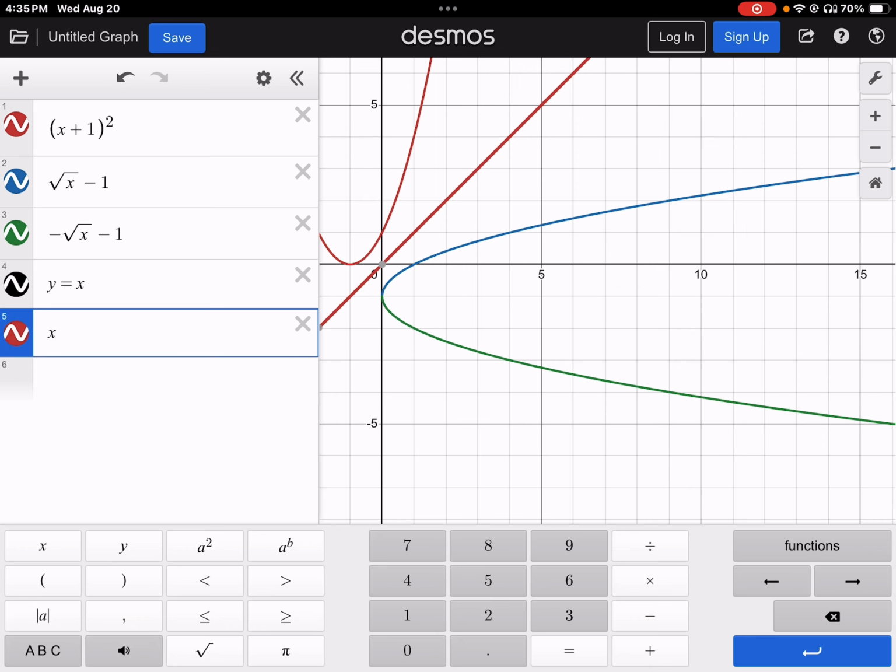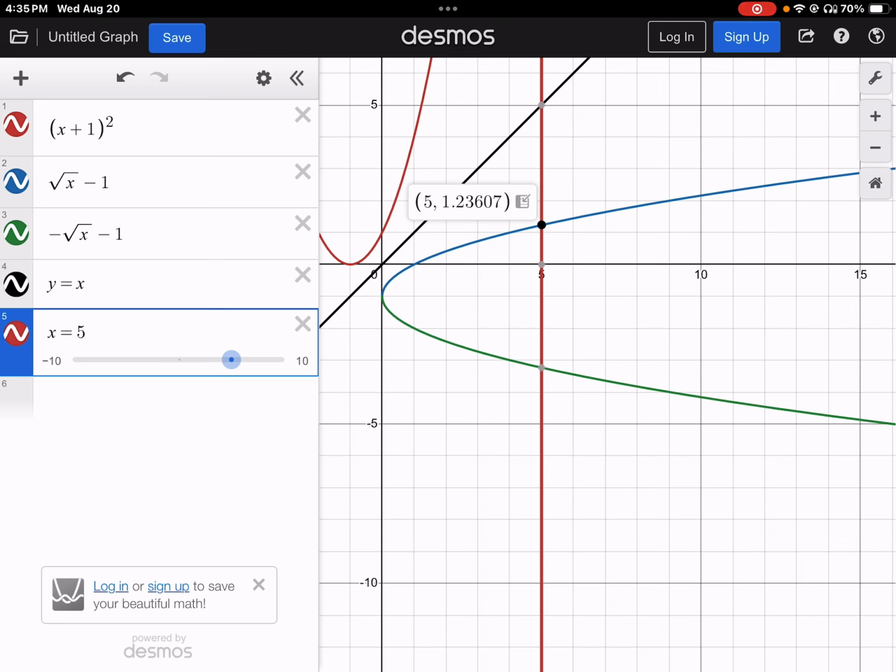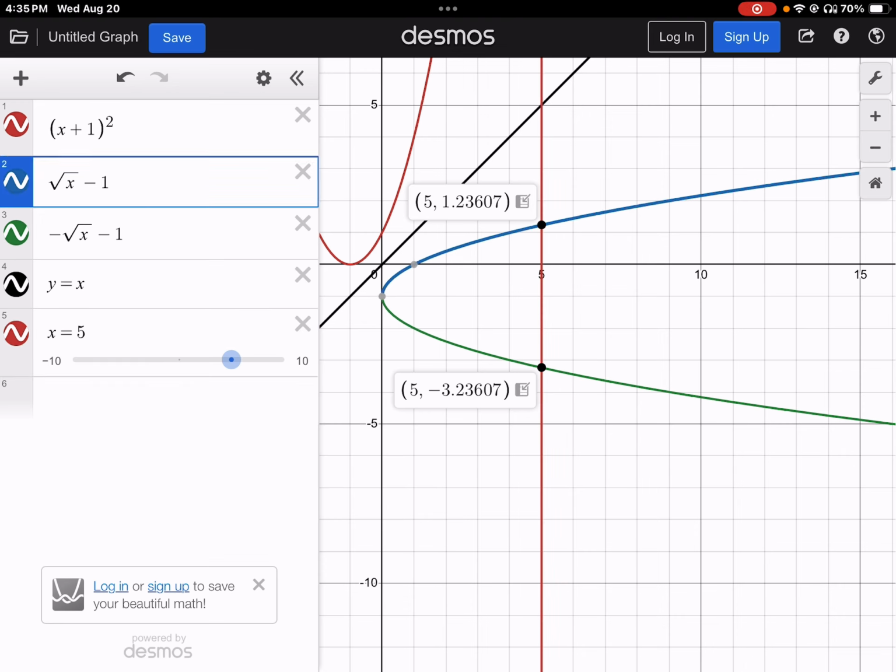But say that I put in the line x equals 5. There's a vertical line here. We can see that it crosses the function here at 1.23, but it also crosses the function here at -3. So it's not a function, even though I just used that word. These two together fail the vertical line test, and therefore it's not a function.